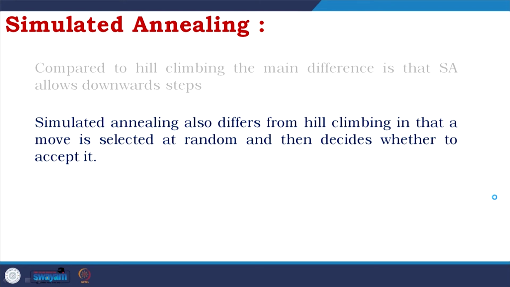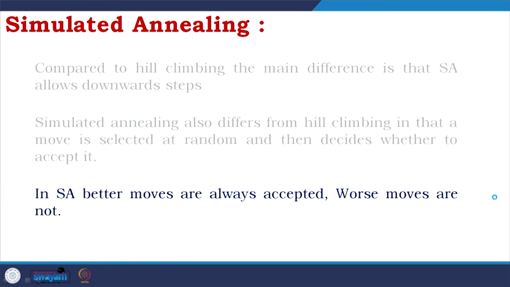Simulated annealing also differs from hill climbing in that a move is selected at random and then it is decided whether to accept it or not. So, there would be a random move and then you have to go for testing, I will talk about that. In simulated annealing, better moves are always accepted, worse moves are not always.